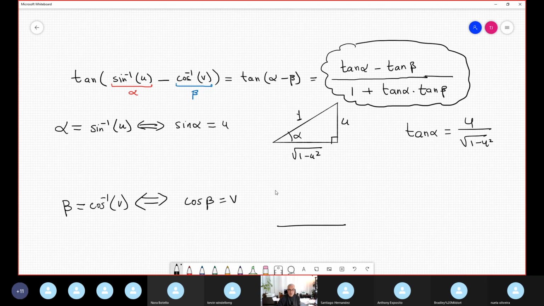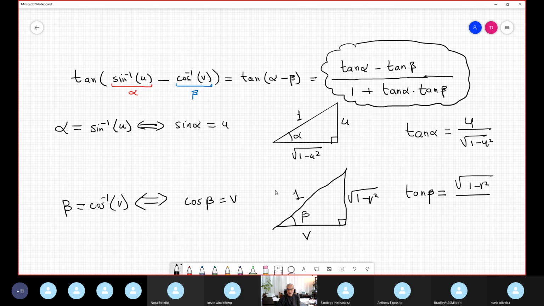And we have a triangle for the beta. 90 degrees, beta. And this is b, and this is 1. And this is square root 1 minus b squared. Therefore, tangent beta is the ratio between opposite over adjacent.